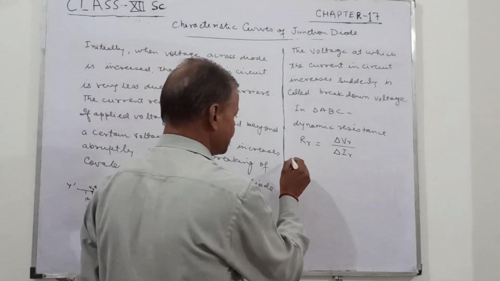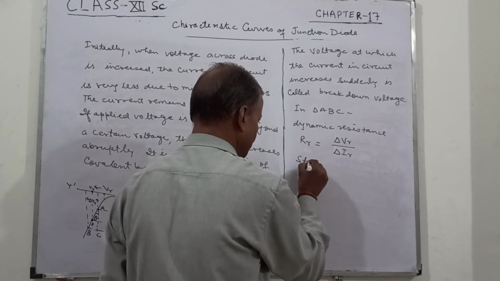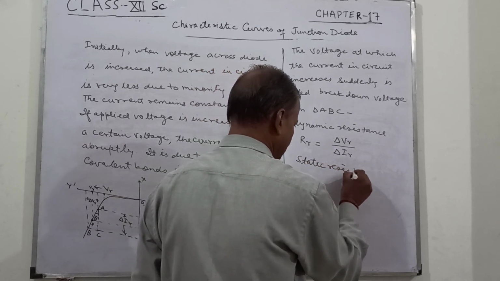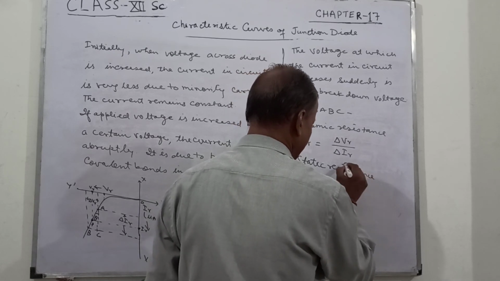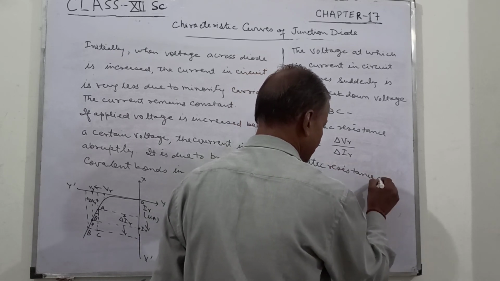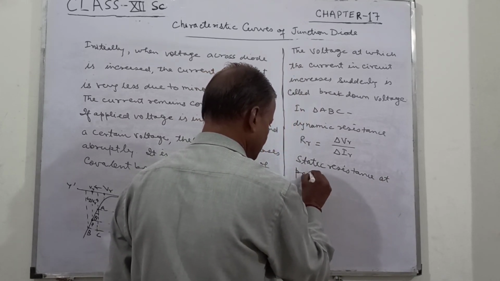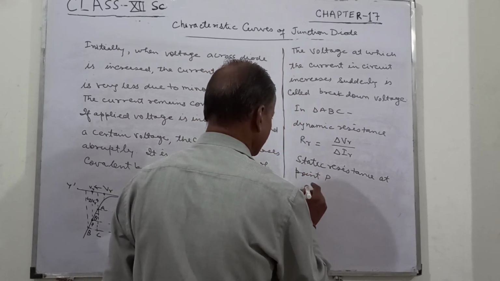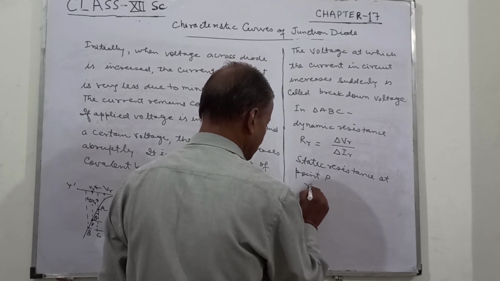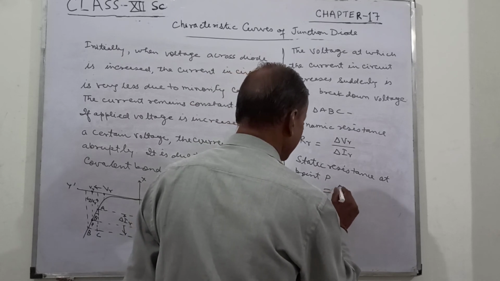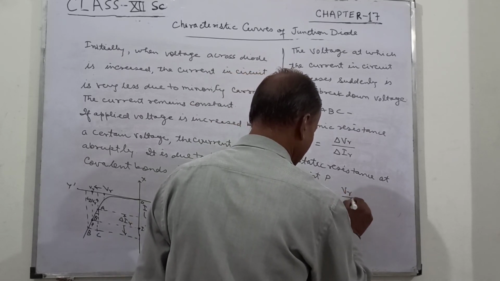Then static resistance at point P. This is also your RR, that is equal to VR upon IR.